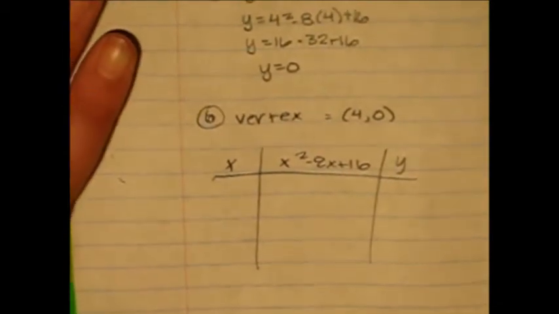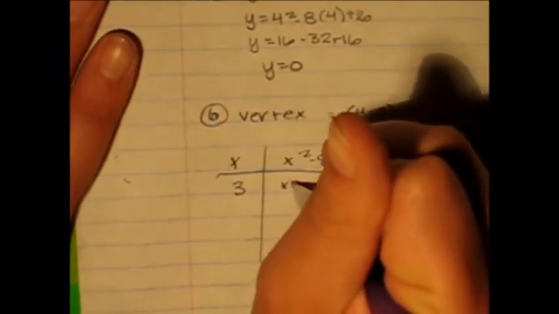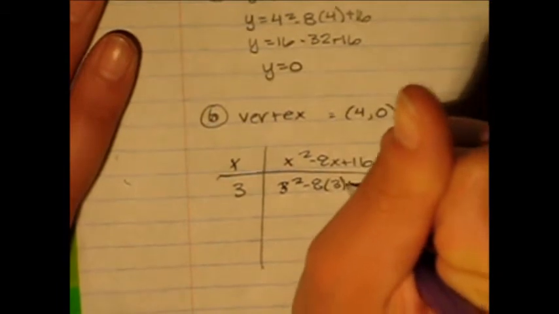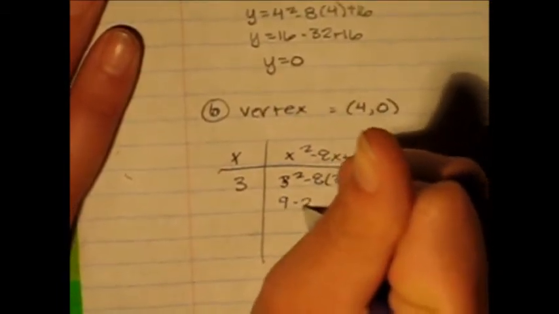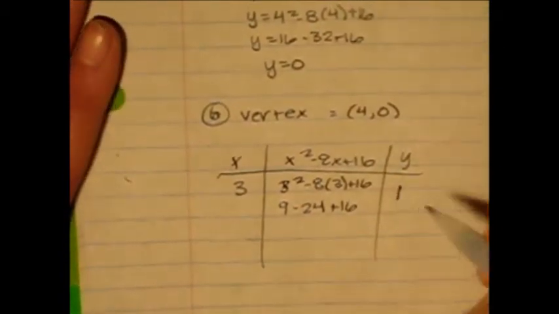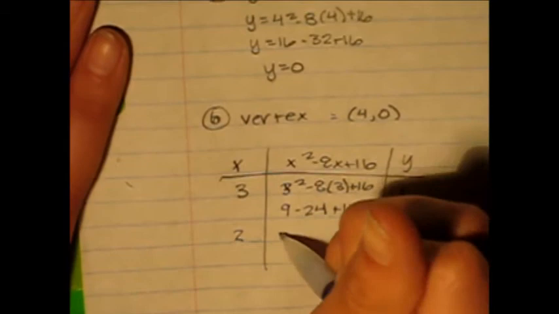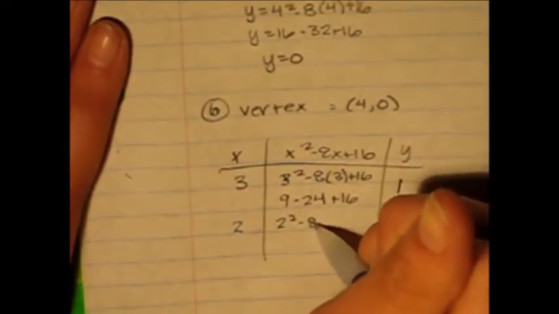Next you plug in points for x to get the points for y, so you can graph the parabola. For example, we'll use points 3, 2, and 1. For 3, you plug it into that equation and it gets 1.